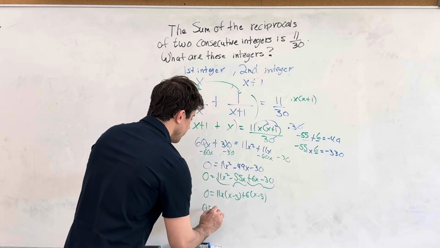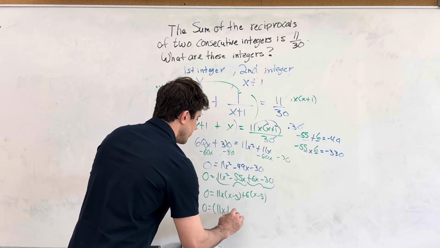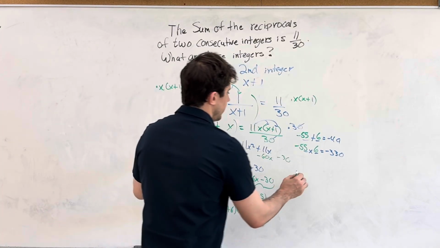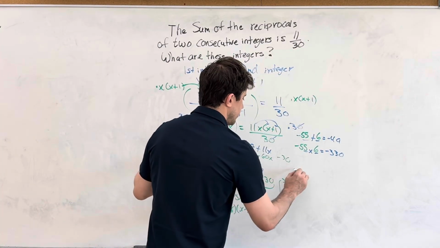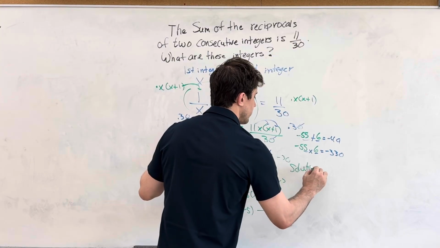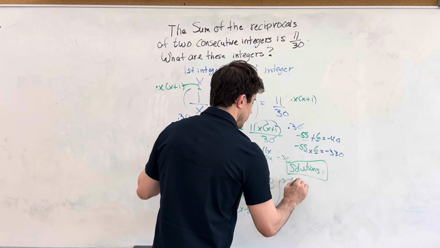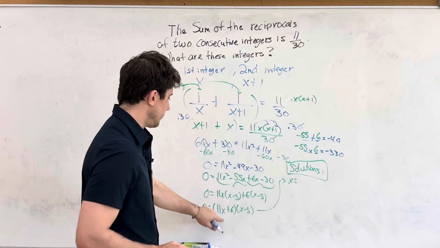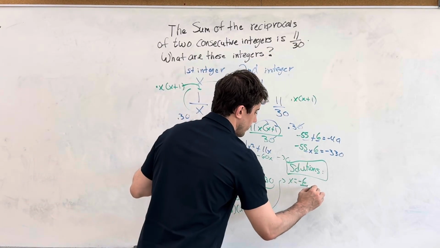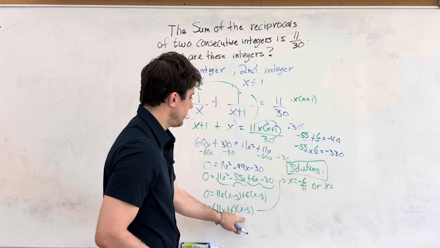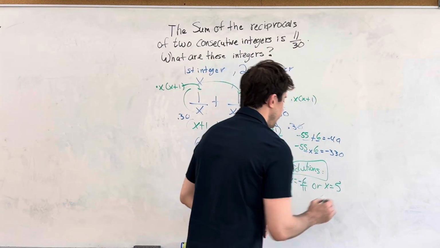And now we can fully factor this as 11x plus 6 times x minus 5, meaning that we get solutions to be x is equal to negative 6 over 11, or x is equal to positive 5.